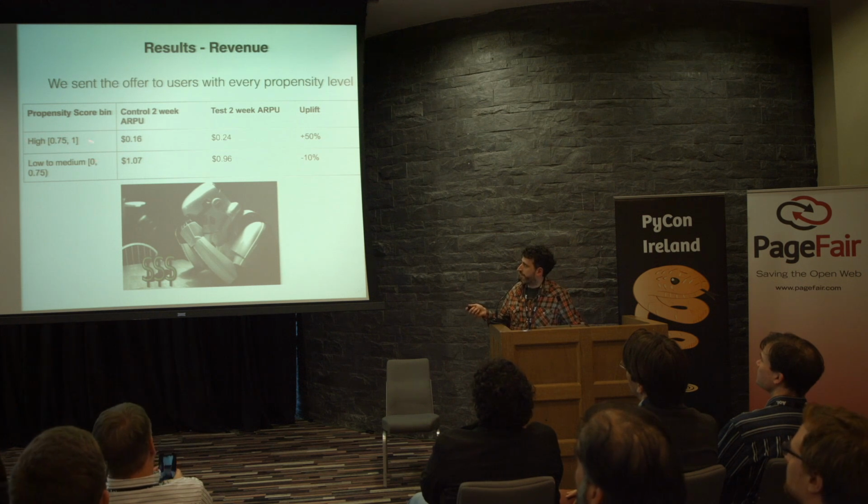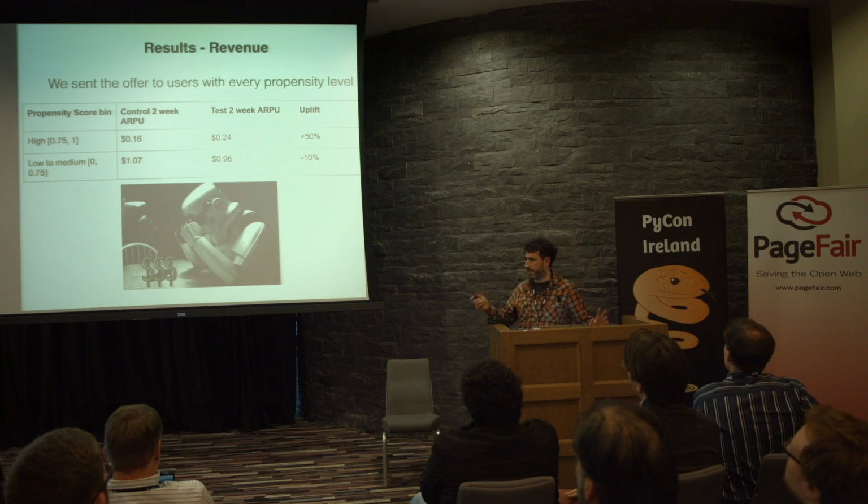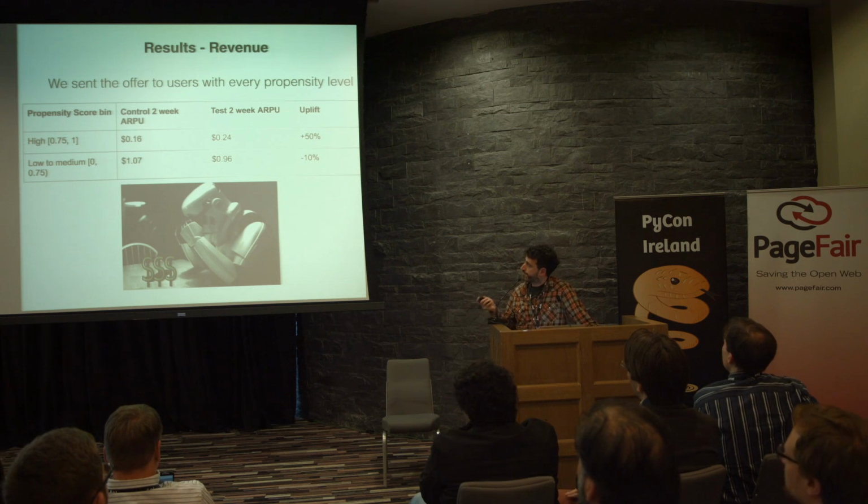The people in the very high bracket, who were very likely to churn, we saw their revenue go up. They were going to churn anyway. We gave them some free coins. They stuck around and they kept spending real money. However, when we sent it to the lower bracket, it turned out they spent less money. They got free coins and they said, great, thanks very much, but I'm not going to spend any more.